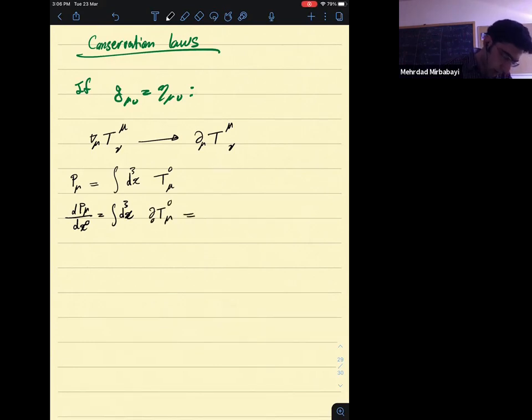But because of this conservation law, I can write this as minus integral d3x di T i mu. And this is a total divergence, so it reduces to a boundary term.